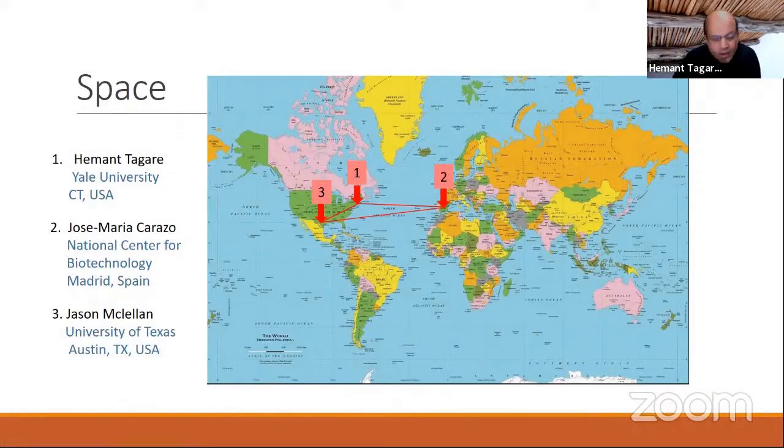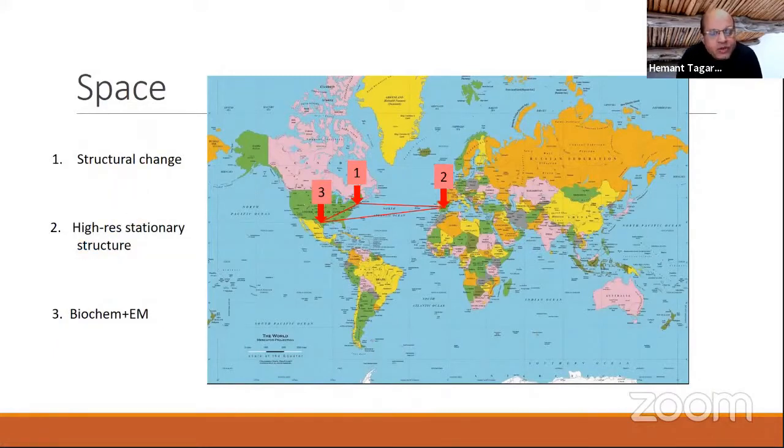So to tell you what everybody did: Jason and people in his lab purified the protein, did all the electron microscopy, and created the images. Those images then went across the Atlantic to Jose Maria's lab, who reconstructed stationary high-resolution structures for these spike proteins.